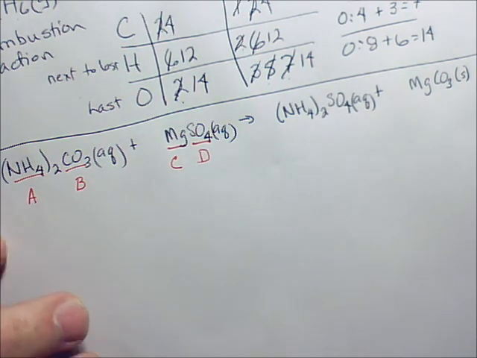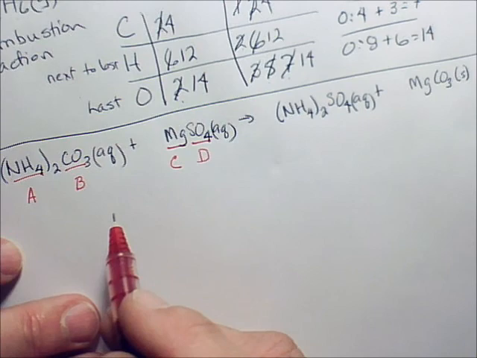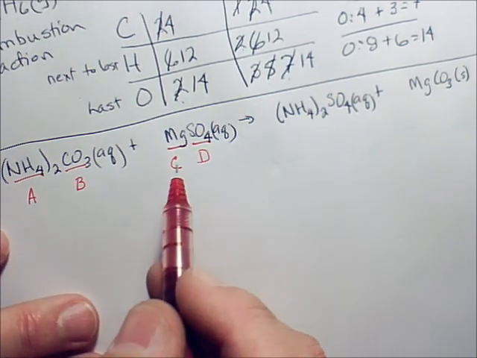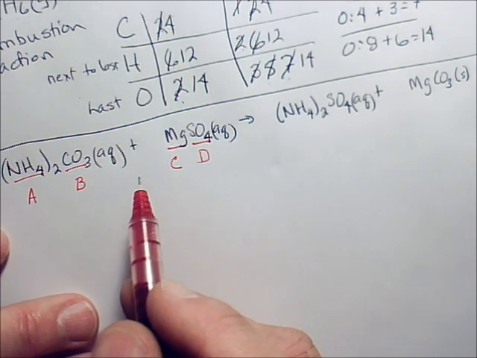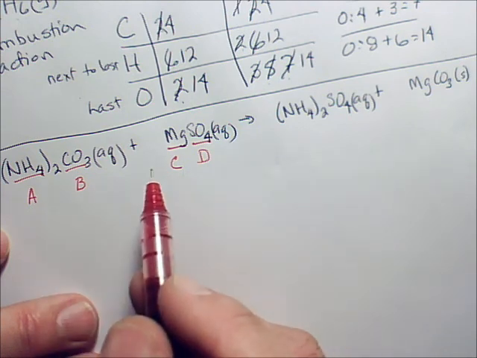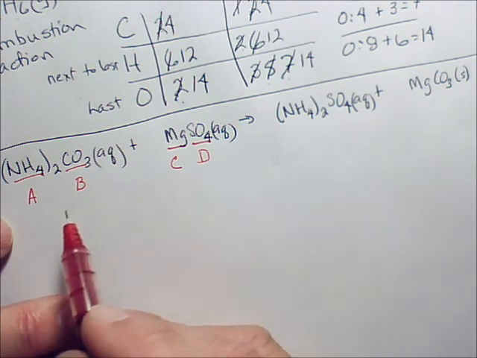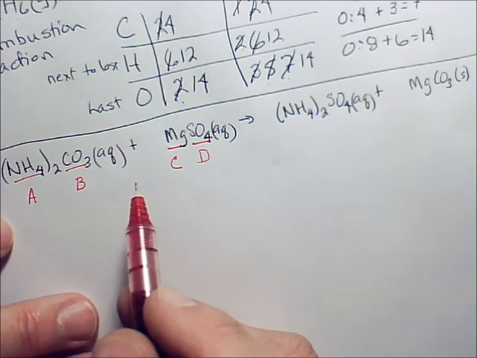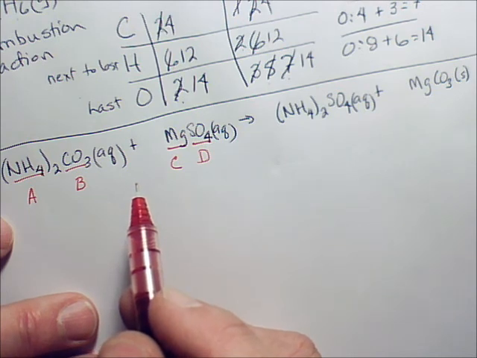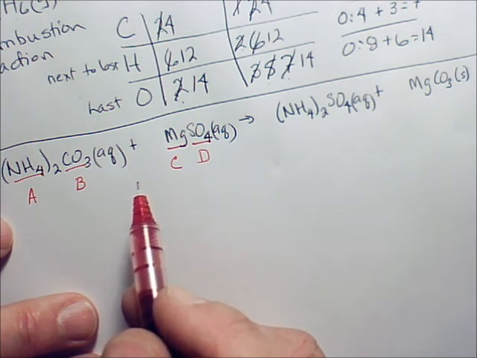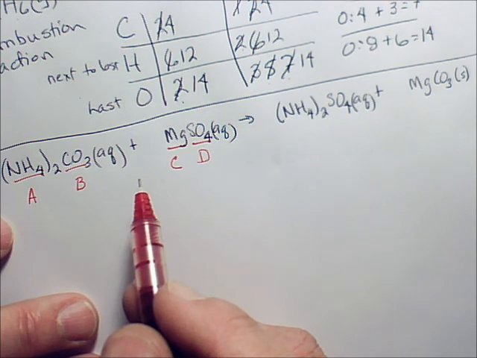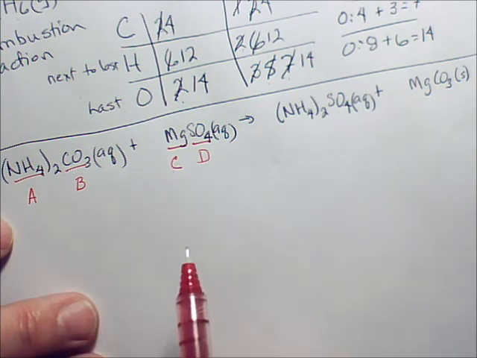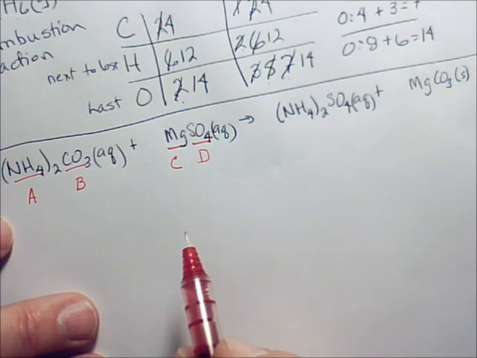And for a double replacement reaction, the reactants will always start with either ionic compounds or acids.